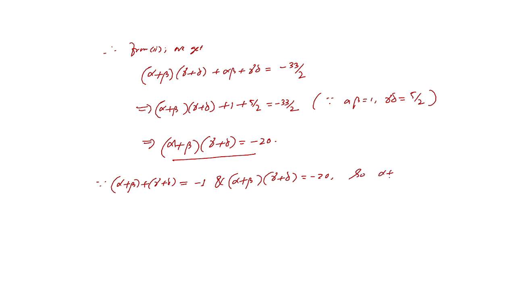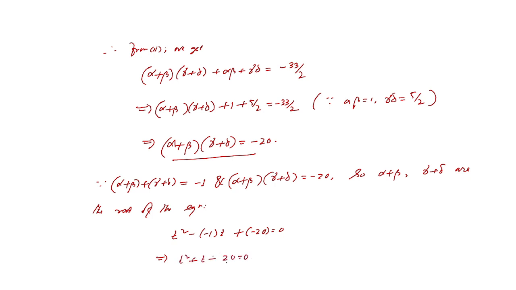So alpha plus beta and gamma plus delta are the roots of the equation t square minus the sum of the roots, that means minus 1t, plus the product of the roots, equals 0. So that means it will be t square plus t minus 20 equals 0.